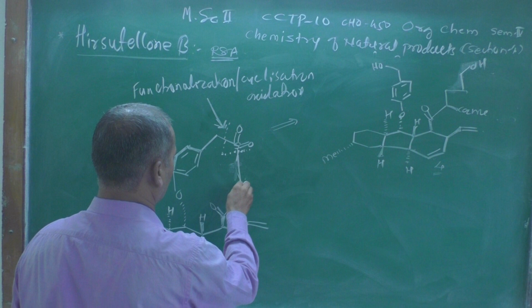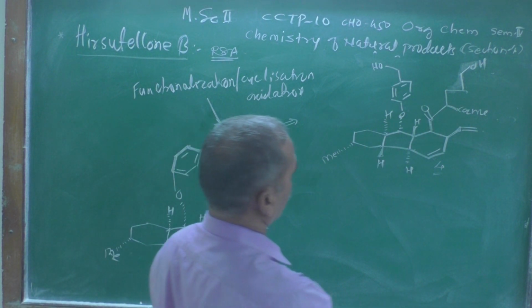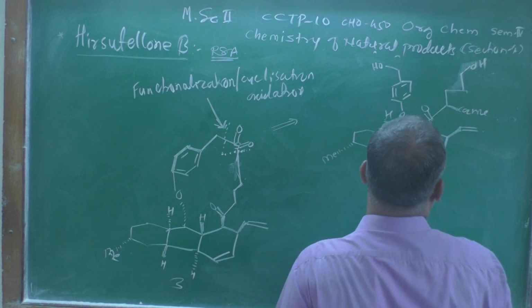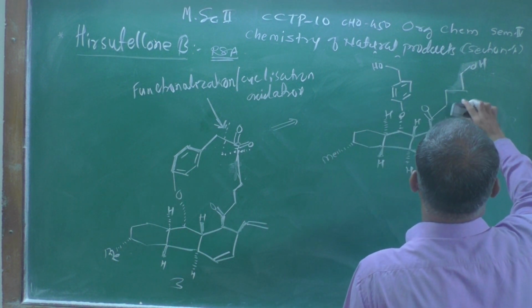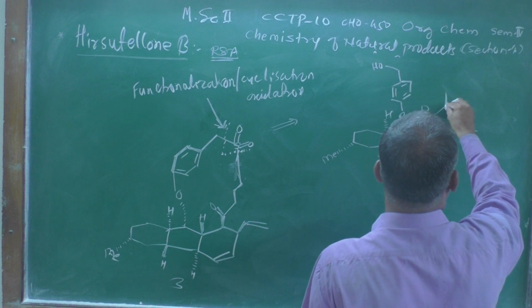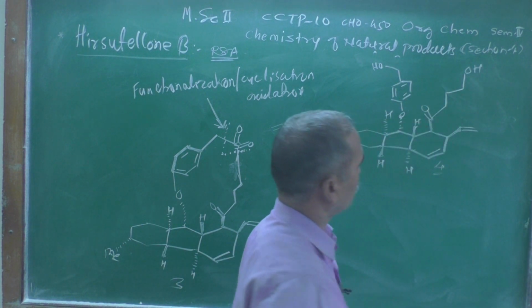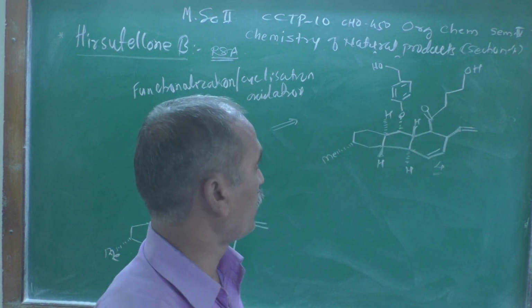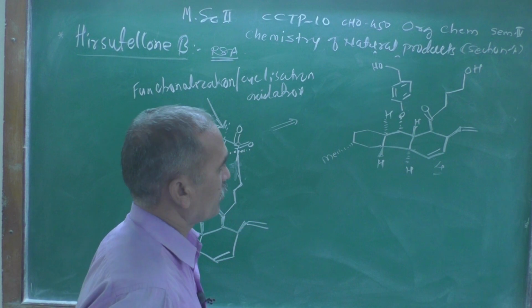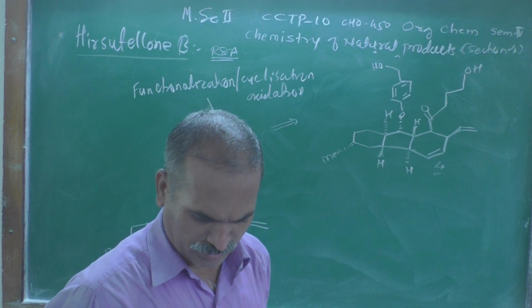Slight correction is there. CH2, 3 CH2s are there, and they remain as 1, 2, 3, and not this one. So here also make the correction, this CH2, and then OH. After doing that we get molecule number 4.